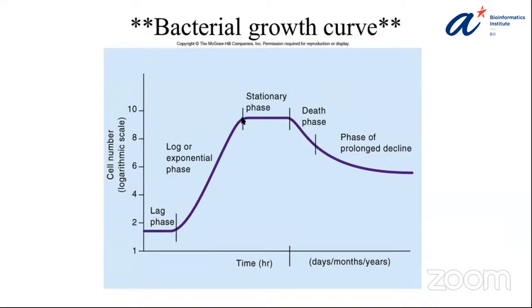After this point, there are so many bacteria in there that all the nutrients in which they were growing have been used up, or there is no more space for the bacteria to grow, or there could be a number of other factors. And what ends up happening is that the growth stops and there is a stationary phase.